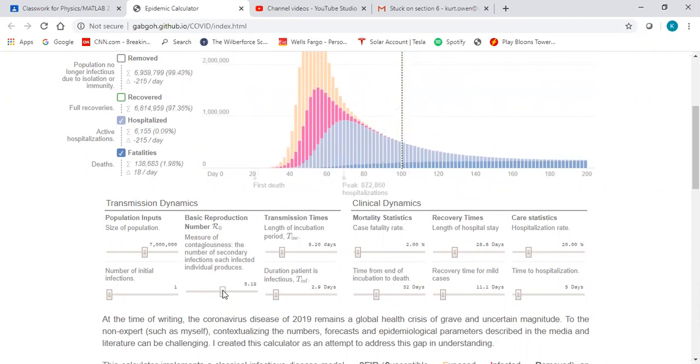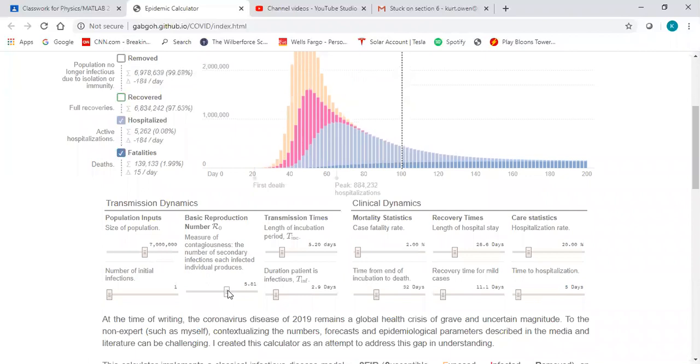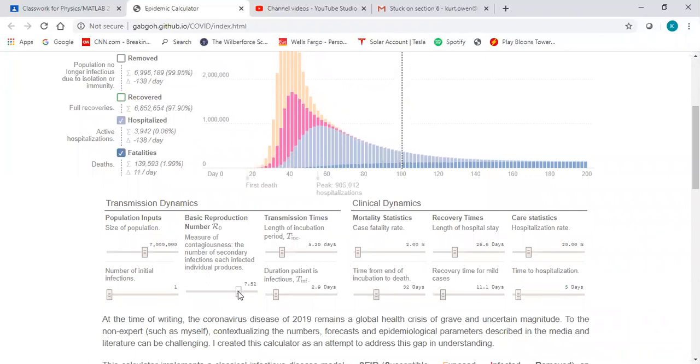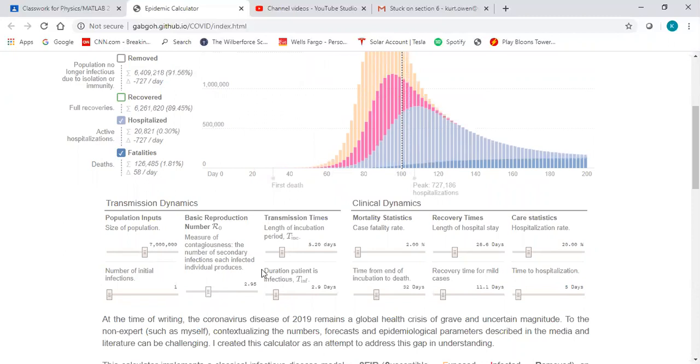What's happening here is this was before we did interventions. So you might end up killing everybody prior to ever doing an intervention. So that's not a good thing. If this R naught value is going up, we don't want that to happen.